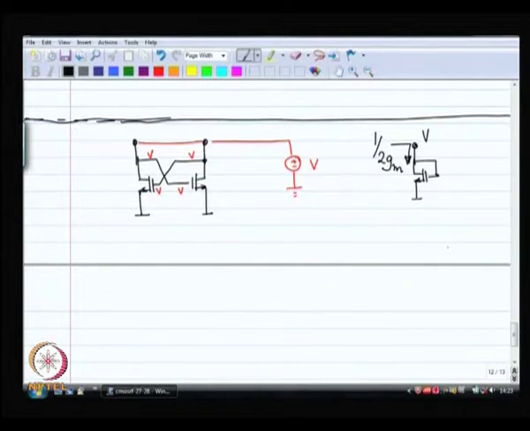Okay. So, that is the impedance that I see. So, now if I look in, I am going to see half of 1 by GM in shunt with RDS. Okay.